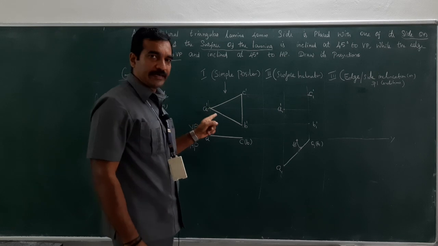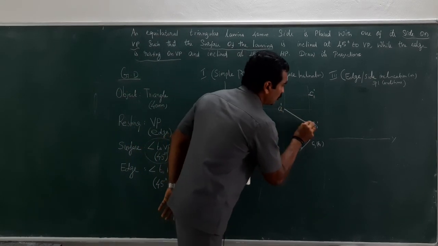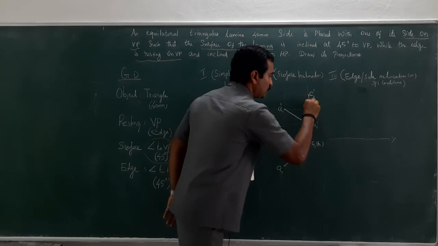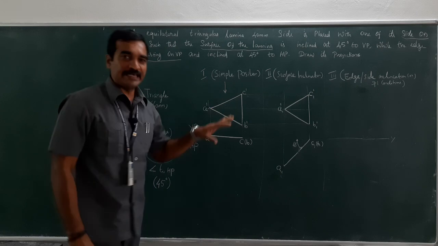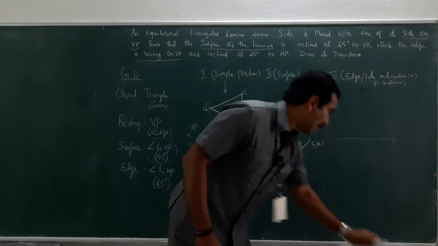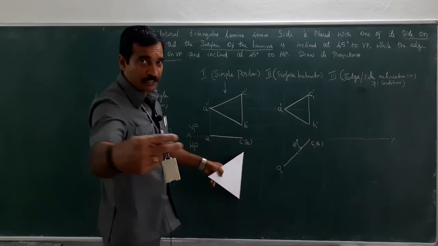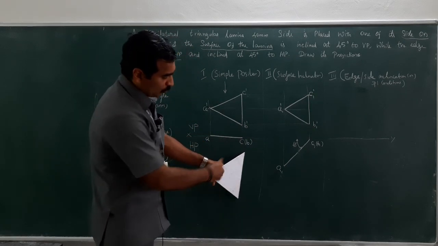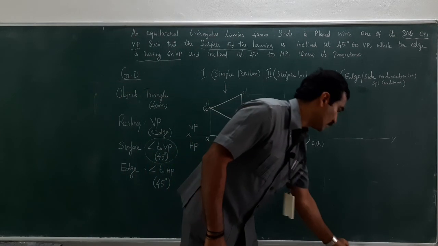As I have drawn the triangle A to B, B to C and C to A, similarly, connect it. A to B, B to C and C to A. You could see a skewed image of the object. See, when you keep it here and tilt it, when you look at it from the front, you could see a skewed shape of the triangle.